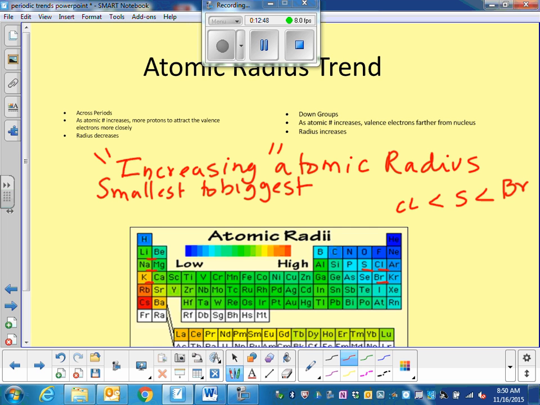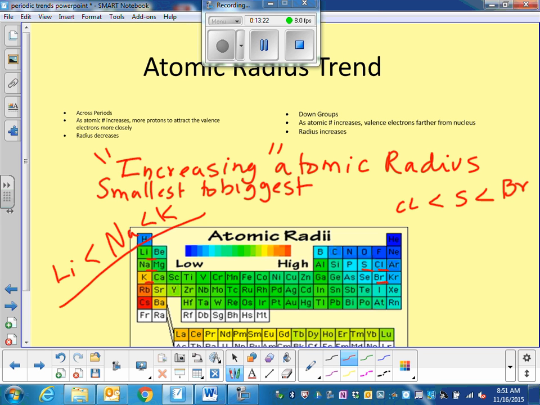Lithium is the smallest, followed by sodium, followed by potassium. So they ask you to order. Do you think you can do that? Increasing, decreasing? Read the question carefully. It's not enough if you know the pattern. They'll ask you to order it, and you should be able to do it.